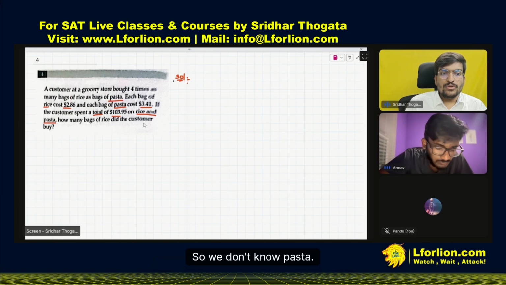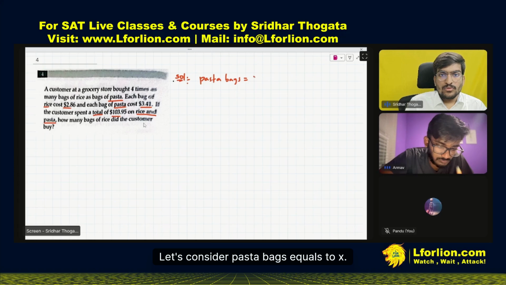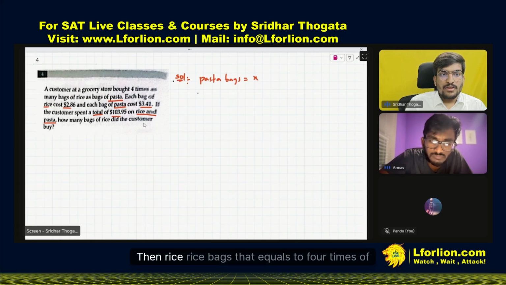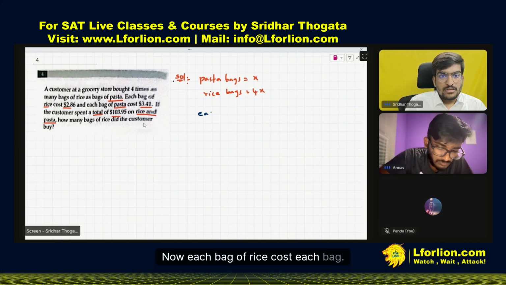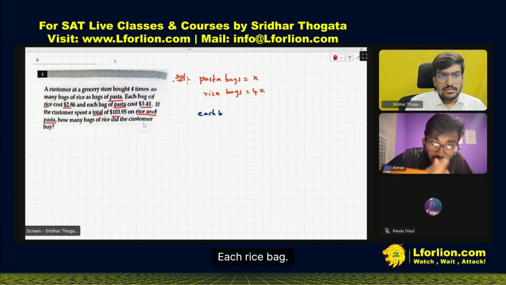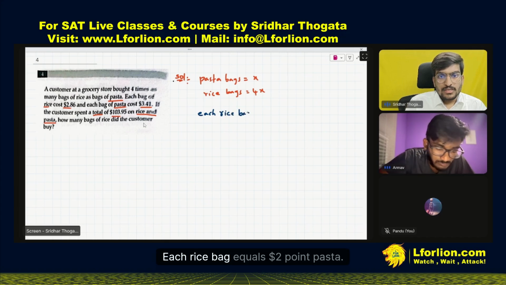So we don't know pasta. Let's consider pasta bags equals x. Then rice bags equals 4 times of pasta. Now each rice bag costs $2.86.